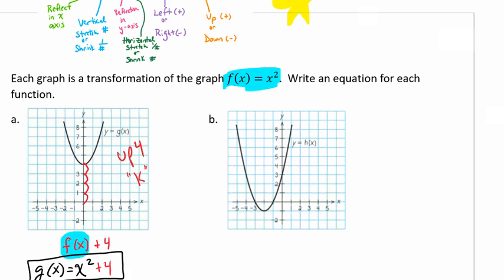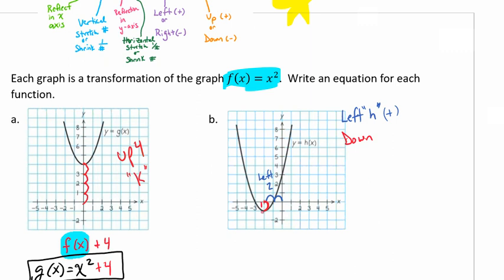Let's take a look at letter B, because it looks like a couple things are happening here. So here we see that our graph is moving to the left 1, 2 spots, right? 2 spots to the left. Now left is an h value. And if we go to the left, we want to see a plus sign. Then our graph moves down 1, right?